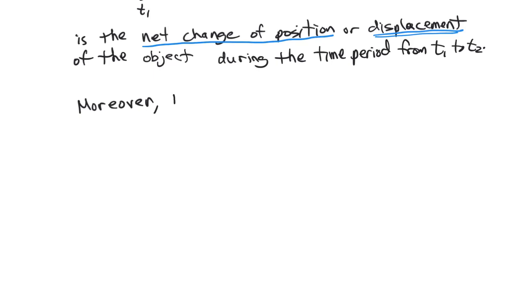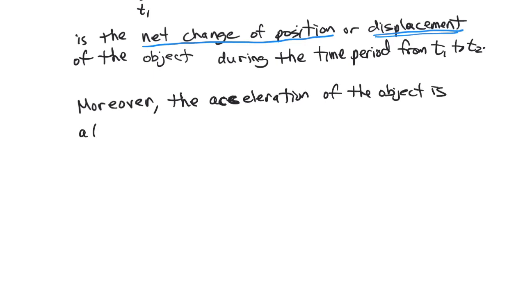Moreover, the acceleration, that's 2 C's, acceleration of the object is, we've seen that notation before, v prime of t.